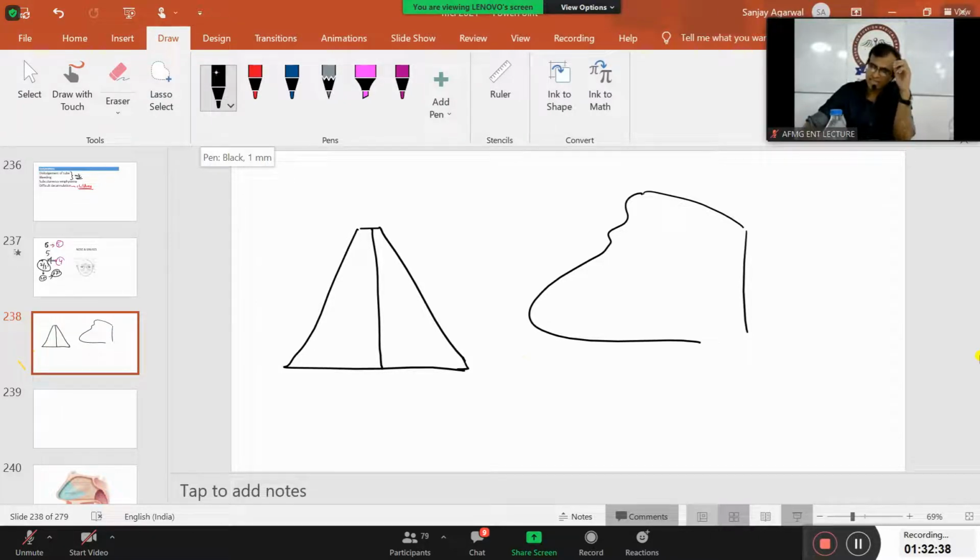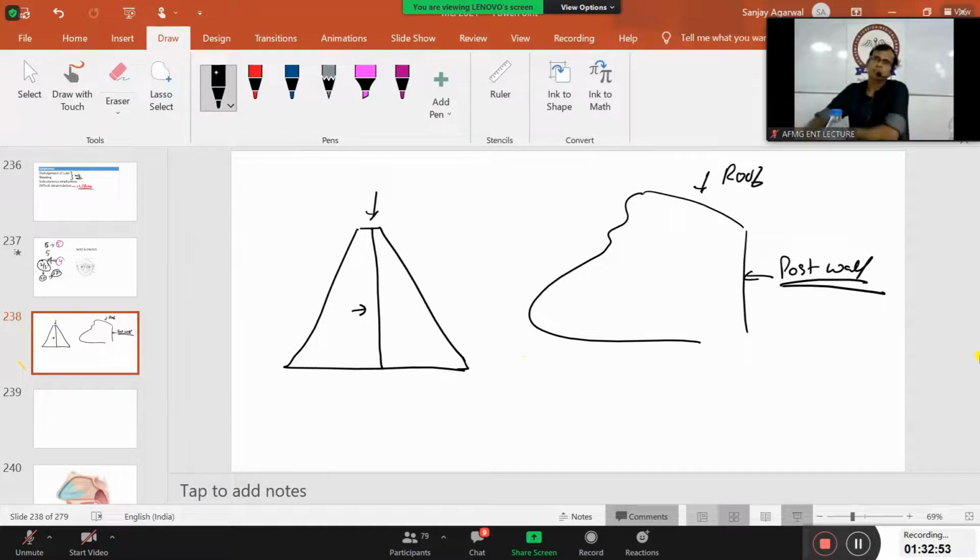So, this is the roof. This is the septum. This is the posterior wall, the posterior boundary of the nose. What is the name of the posterior wall of the nose?